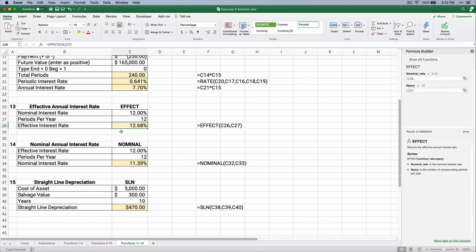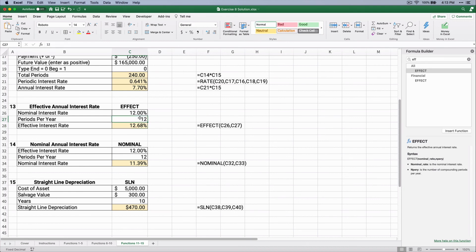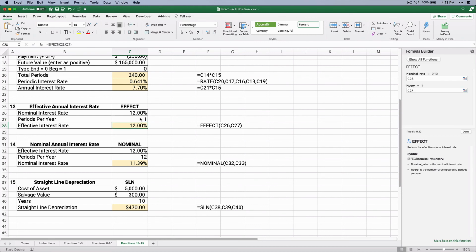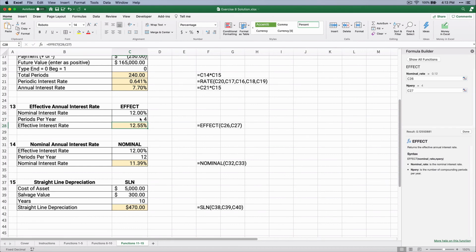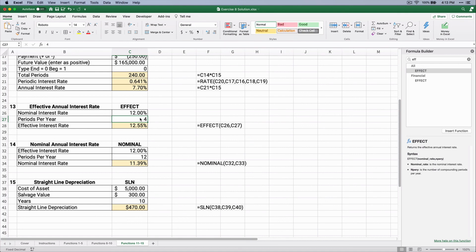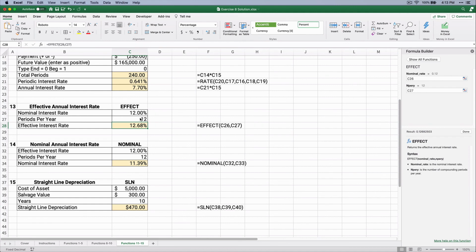So 12% compounded monthly is the same as getting an annual rate of 12.68%. Now let's watch how this works. If it's annualized, 1 period per year, then it's going to be 12. If it's twice a year, then it's 12.36. If it's 4 times a year, then 12.55. It doesn't move a lot from 4 to 12. So it's 12.68%. So you can work and figure out how it works that way.